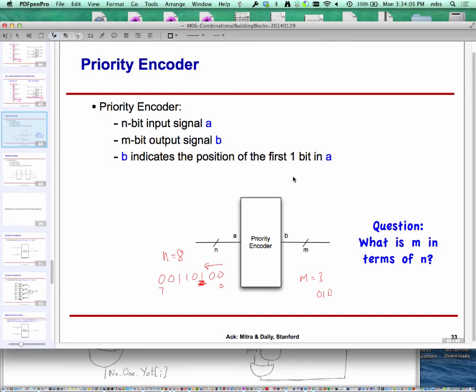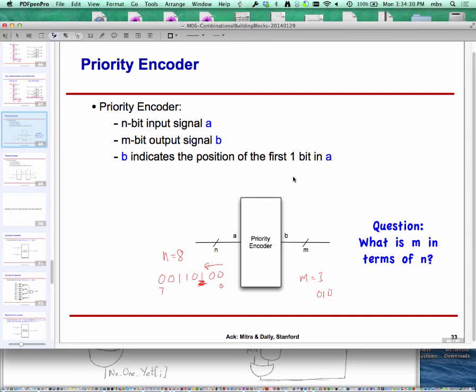So what's the difference between this one and an arbiter? An arbiter just tells us who the winner is. The arbiter we did started from the first one, so it walks from the LSB, and the first one it encounters is the winner.